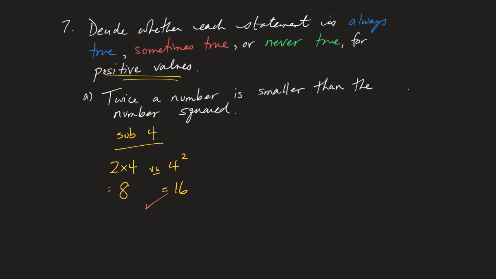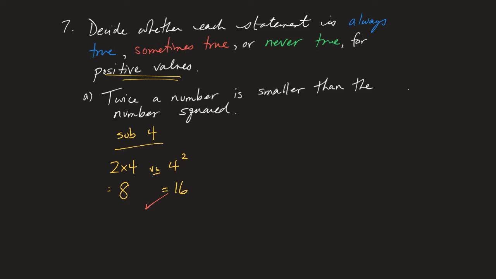So now I'm on the hunt to try to find a case where it doesn't work. If I can find a case where it doesn't work, then my answer is sometimes true. If I can't come up with an instance where I can disprove that statement, then I must be always true.